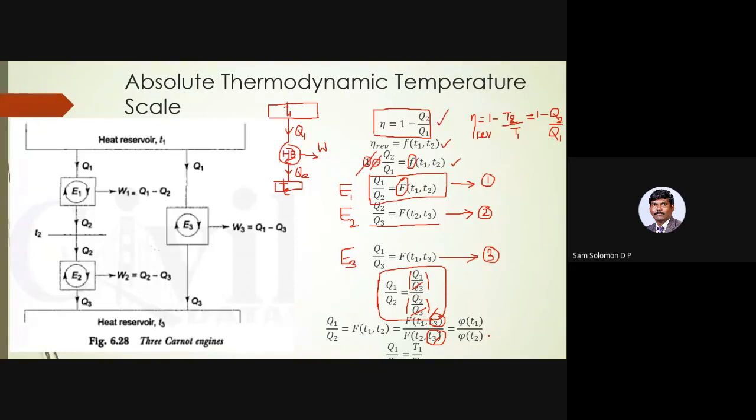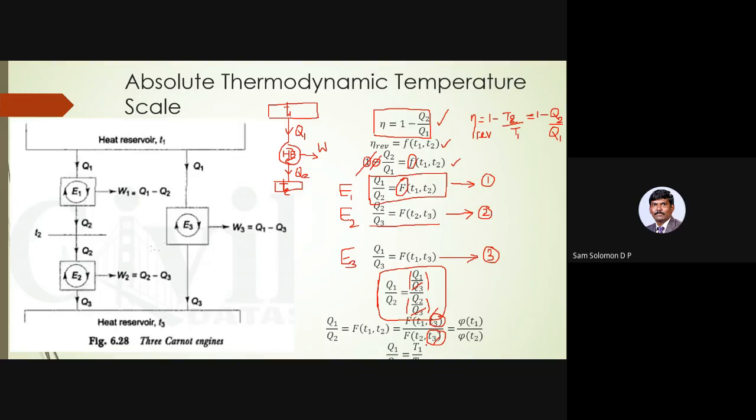And this is where Kelvin proposed that this function of some temperature divided by function of another temperature is nothing but the absolute temperature itself. And he said this pi of T1 is nothing but T1, and this pi of T2 is nothing but T2, which is nothing but the source temperature and the sink temperature.